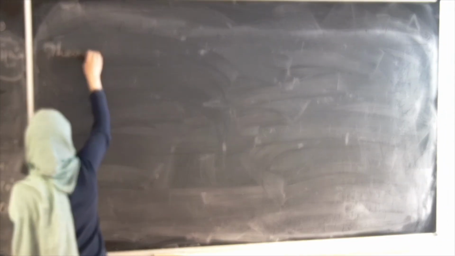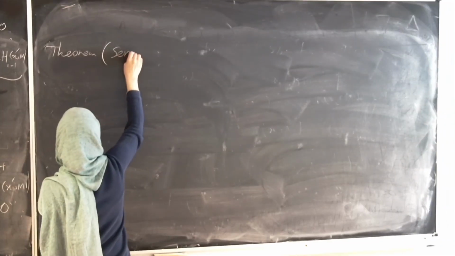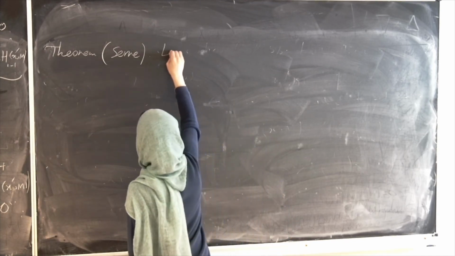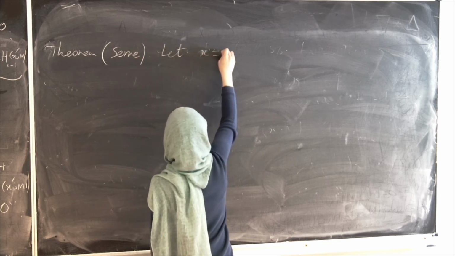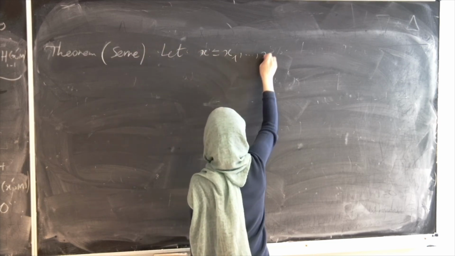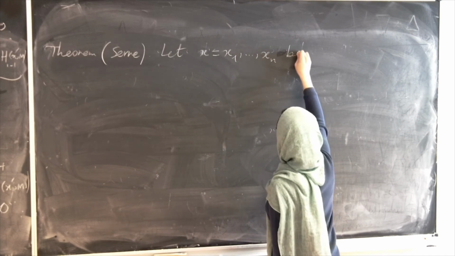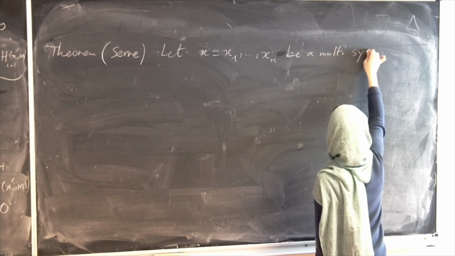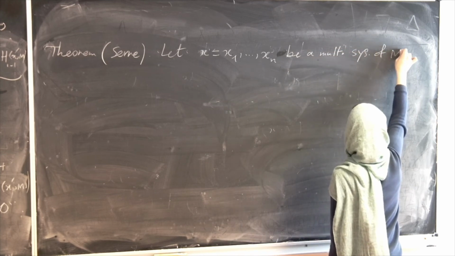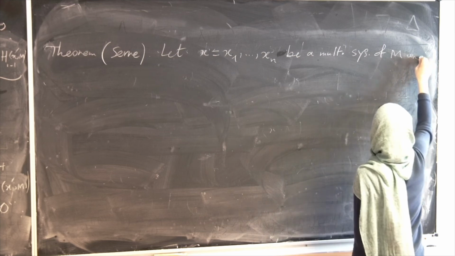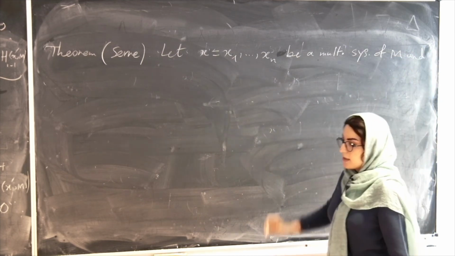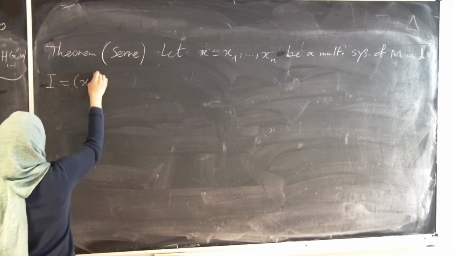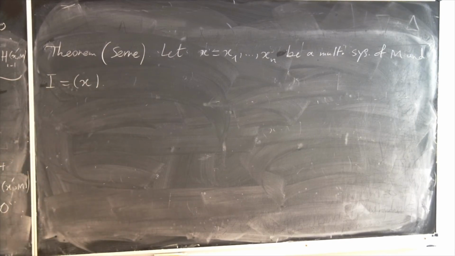So I just consider a multiplicity system of M, and I consider I to be the ideal generated by this sequence.